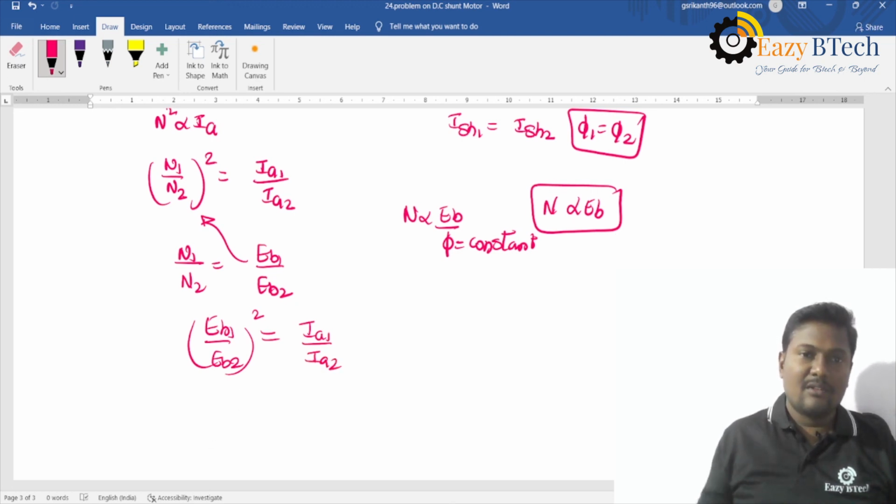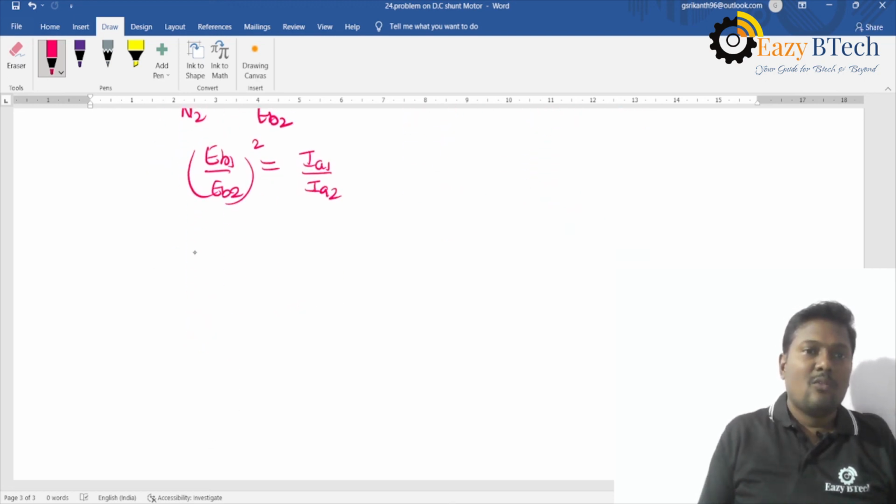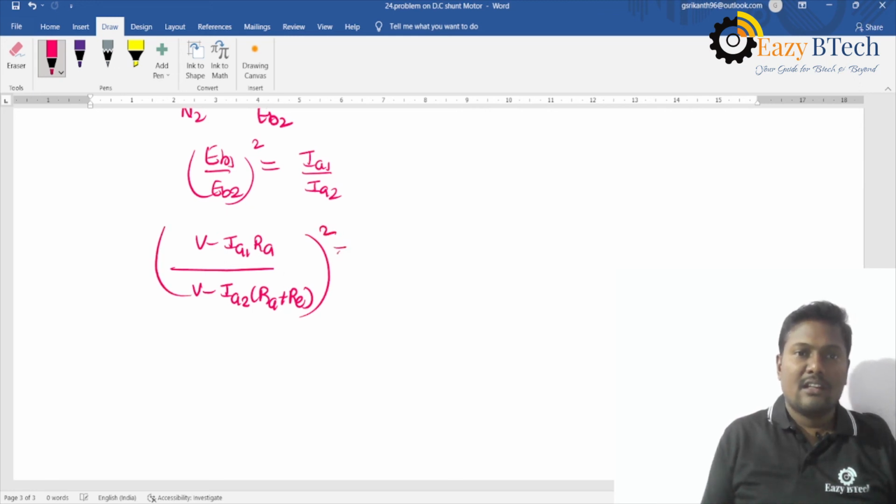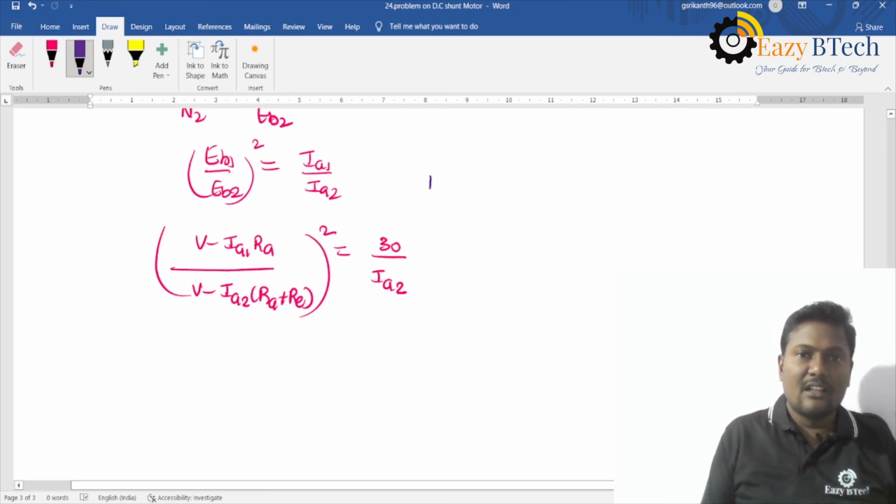What is the EB1 value? V minus IA1 into RA. What is the EB2 value? V minus IA2 into RA plus external resistance, whole square, is equal to IA1, which is 30, divided by IA2. But in the problem it is given that the armature resistance is 0.